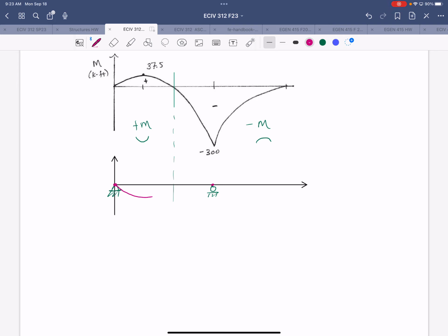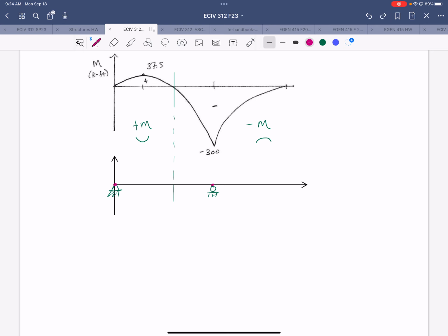It does not mean that the elastic curve value has to be 0, right? In fact, it's usually not the case. Sometimes that may happen, but moment being 0 does not equate to elastic curve being 0 in general.